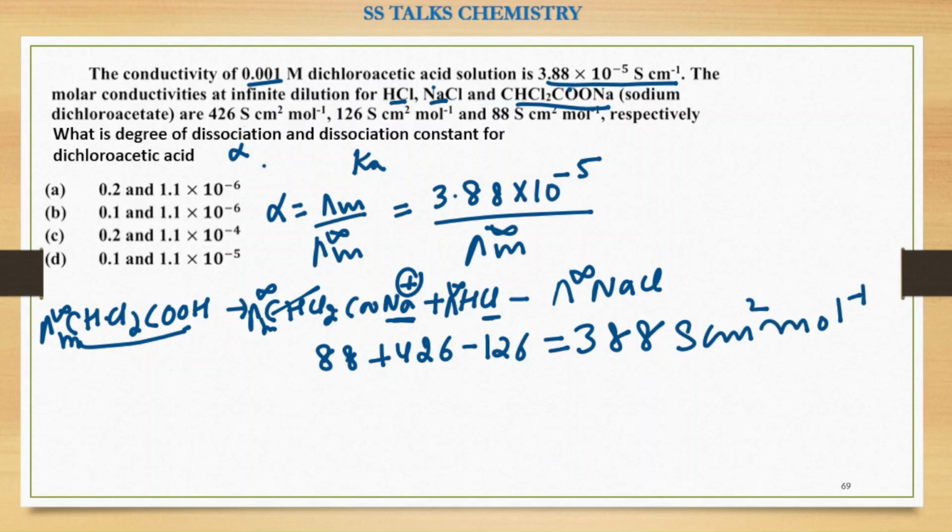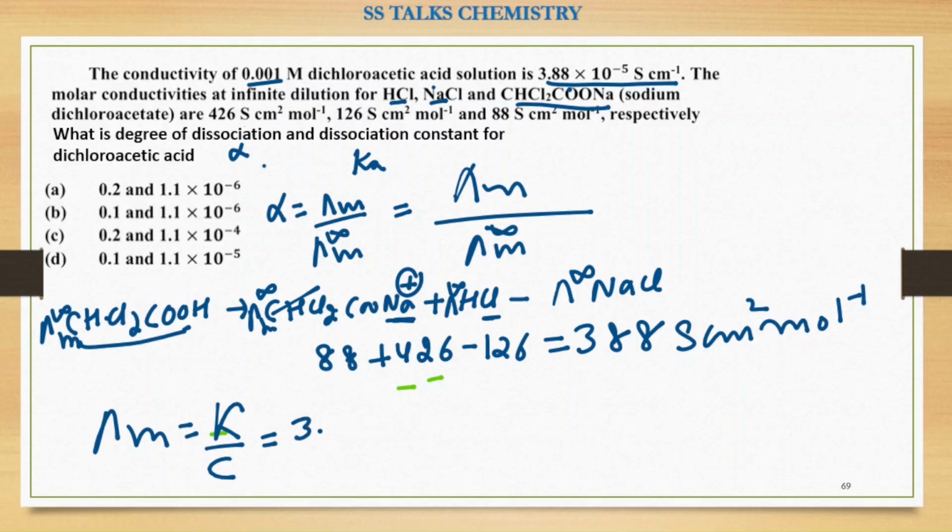This is the value. Now the alpha value is going to be the ratio of this. So this was 3.88 into 10 raised to the power of minus 5. This is in Siemens per centimeter. So this is the conductivity value which is given to us and not the molar conductivity. So this is not the lambda m. This also we have to find out. Lambda m we are now finding out. This is going to be kappa upon the concentration value.